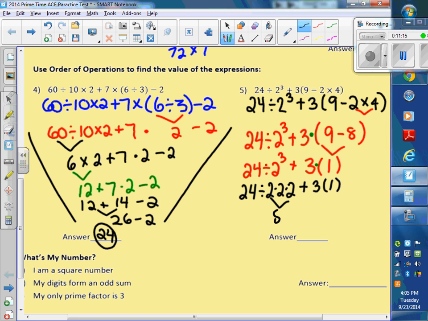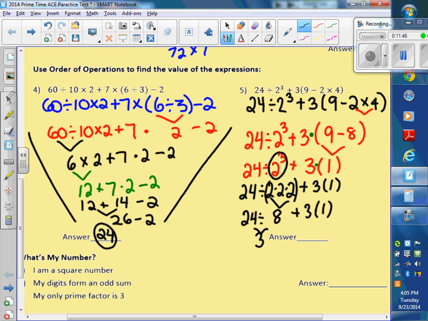So that's 8. 2 times 2 times 2, 2 to the third is 8. 24 divided by, so we have to treat that exponent as the higher operation before we do the division. Now, 24 divided by 8 is 3.